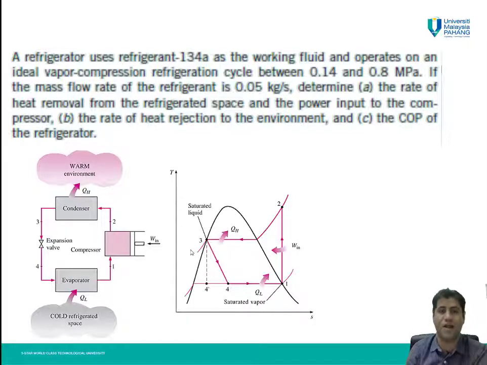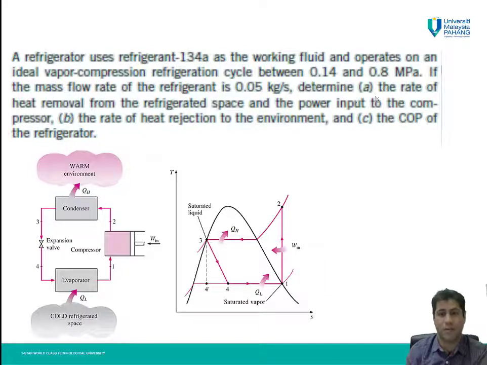This is the general graph for an ideal vapor compression refrigeration cycle. So first, you need to know how to draw this graph, and also you need to know main components of this cycle. Then you need to go and find the other information which is required to solve this problem.